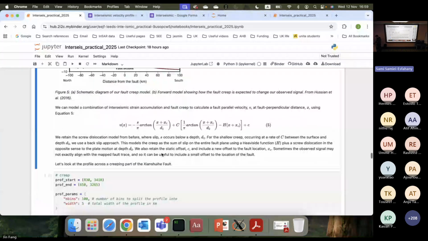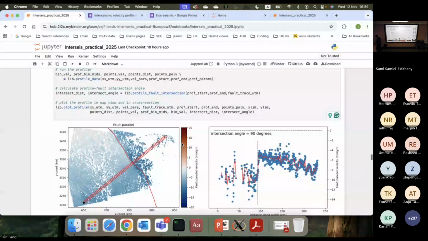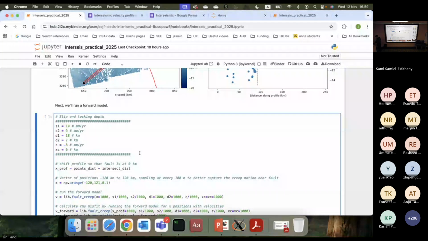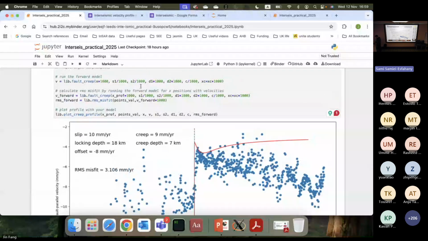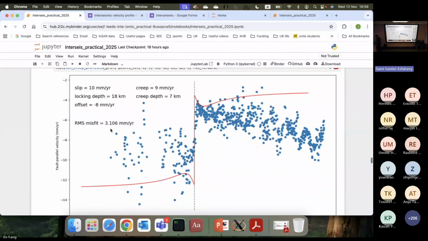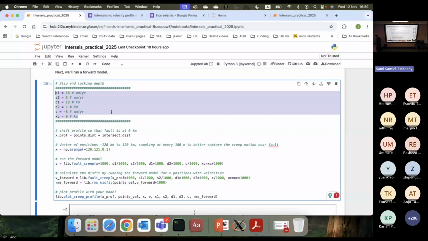Now let's look at this profile again, and now we run the model that includes fault creep parameters. And by adding some creep parameters, again, this is not a good fit for now, so you can have a go at tweaking these parameters, see what combination gives a better fit.